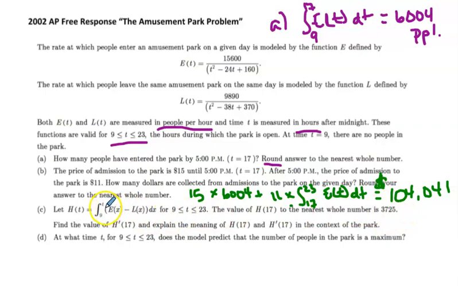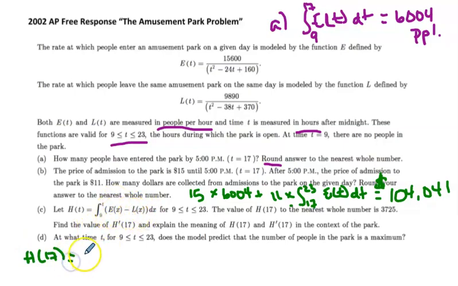Well, that means that the total number of people in the park at 5 p.m. is 3,725. So find the value of h prime of 17 and explain the meaning of both. Well, we just talked about h of 17 is the integral of the rate in minus the rate out.